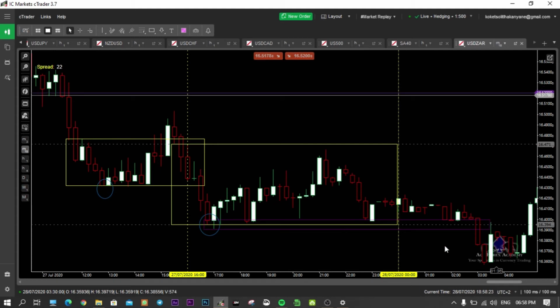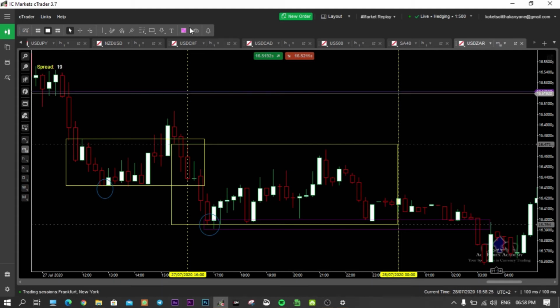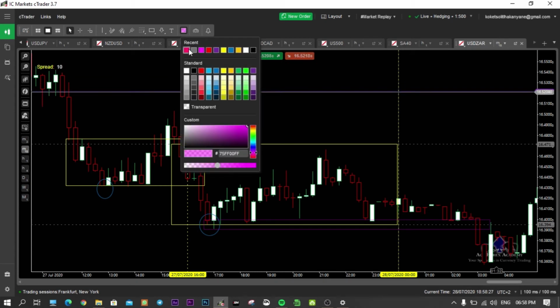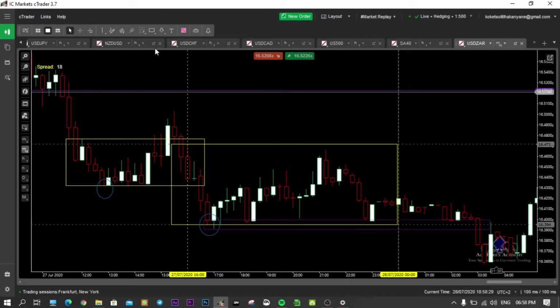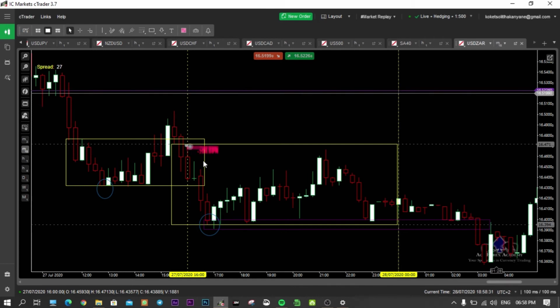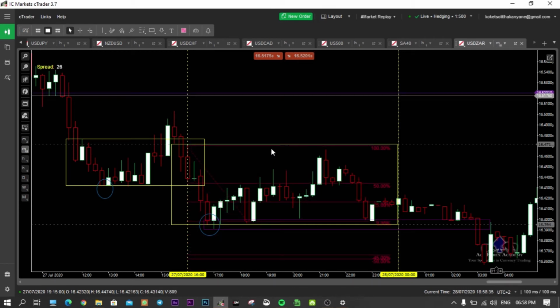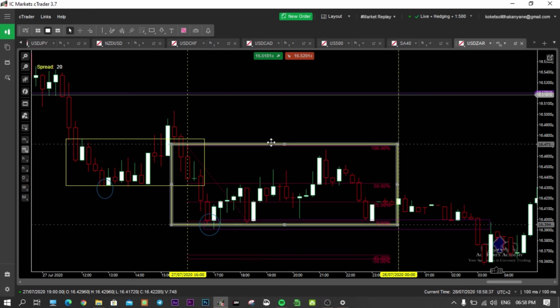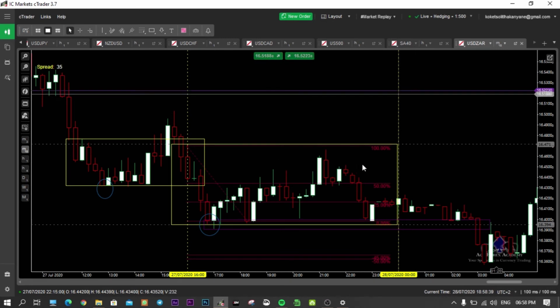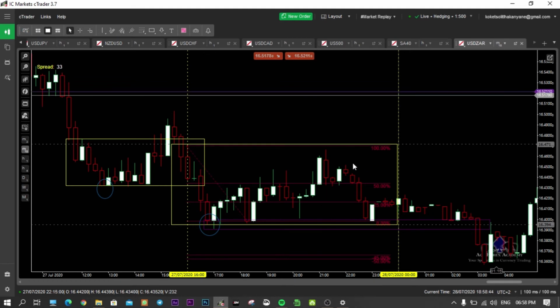From that understanding, what we can then do is pull out our modified Fibonacci tool and forecast this entire move to the downside. And with our strategy, what we are interested in is a retracement that far exceeds 50%.